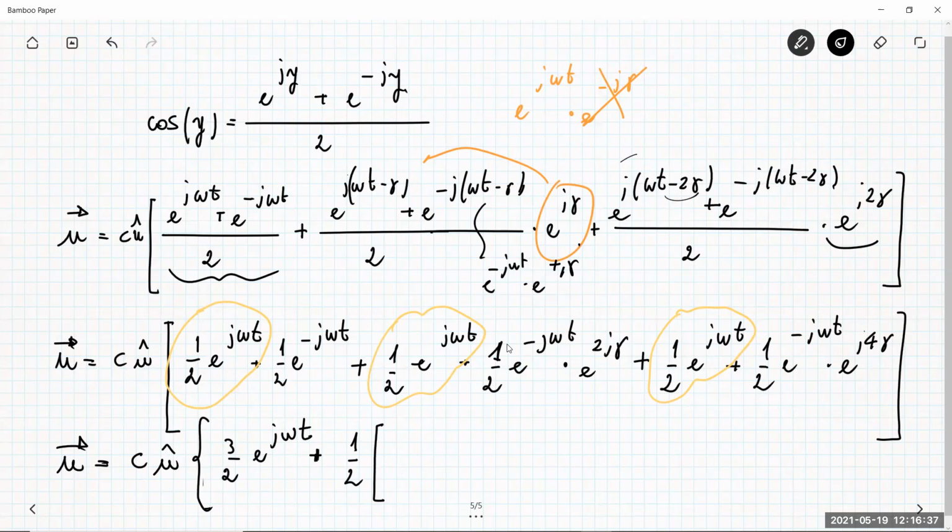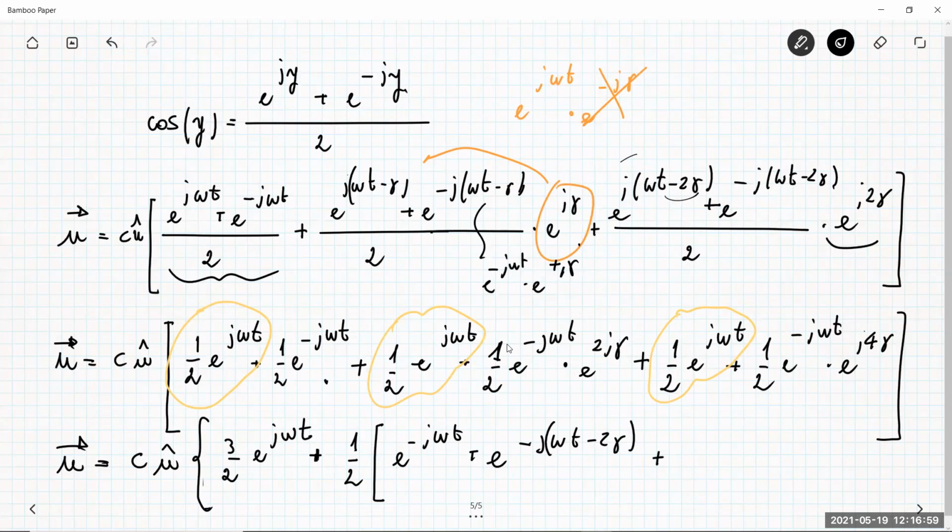Okay, e to the negative j omega t, which is the first one. Then I have the second one, which is negative j omega t minus 2 gamma.